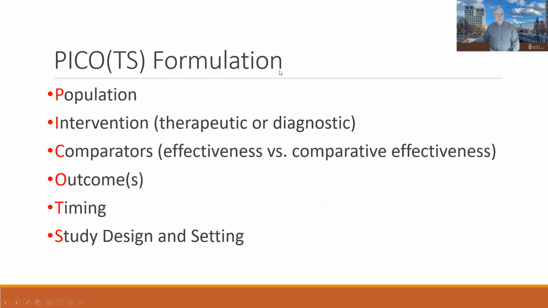So here there was an introduction to the PICO or PICOTS formulation. Important things to think about are what population you are interested in generally. For pediatricians, age is always problematic, particularly around adolescence and the definition of adult.